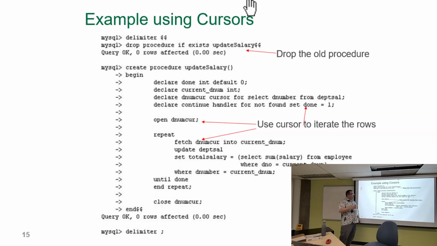So we're going to declare a cursor for a query called select dnumber from department sal. So this is the SQL statement we want to run. And the cursor is called department dnum cursor. So essentially it's a pointer to the query. The query hasn't run yet, but it's a spot in memory saying this is the command we're going to run attached to this.